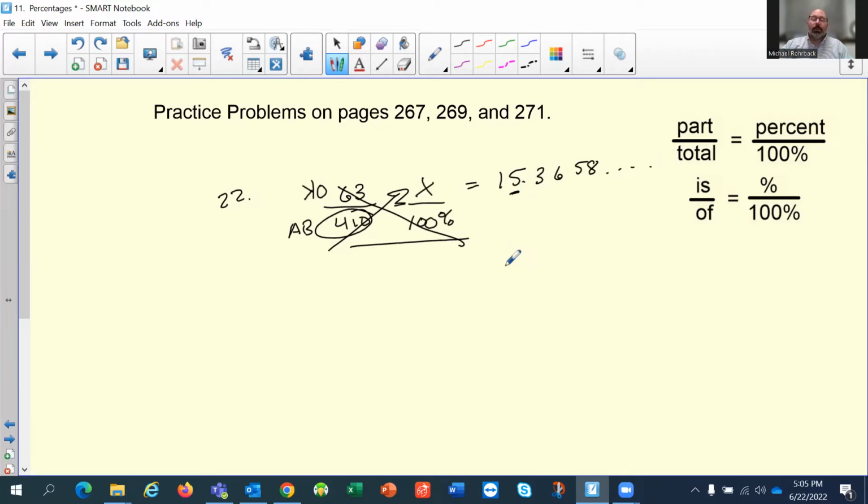We want it to the nearest 1%. When you're rounding, this is where you're rounding to. You're going to look right here at the 3, and you're going to ask yourself the question, does this number make that round up or off? It does not round down, either rounds up or rounds off. So 3 rounds off. So you're going to say, all right, it rounds to 15%. That's your answer. And that is letter D.